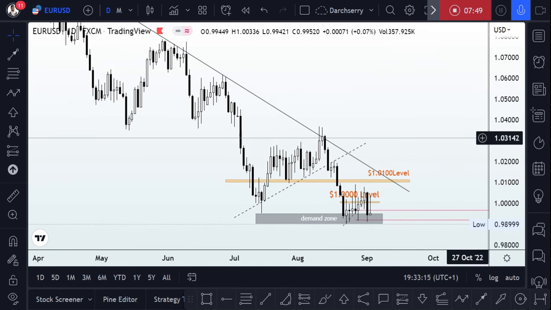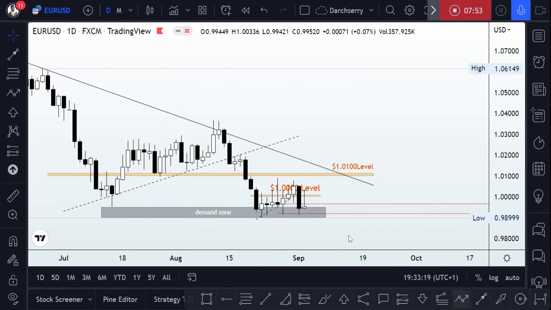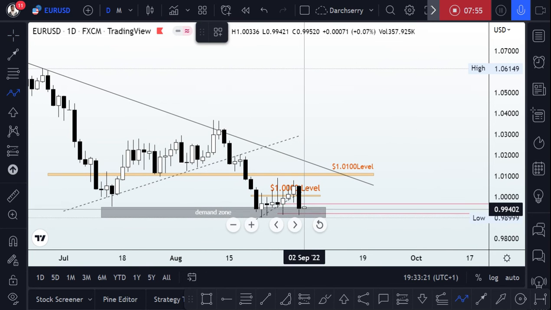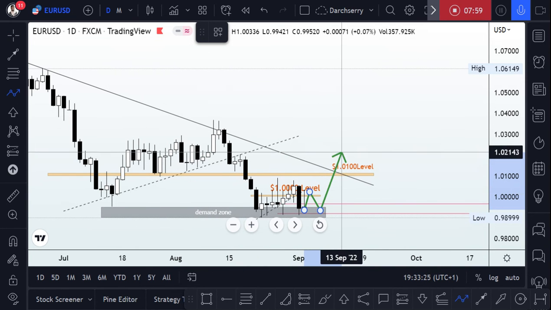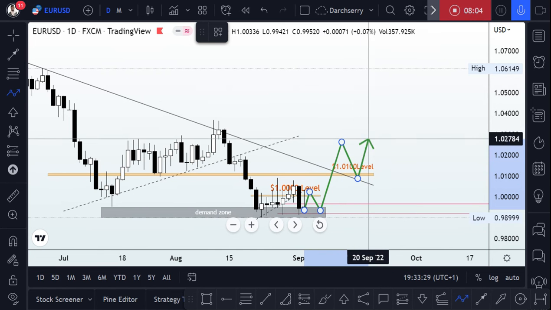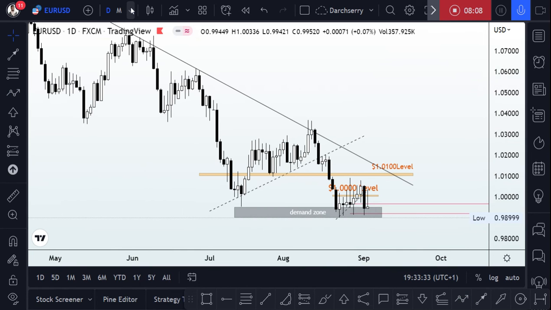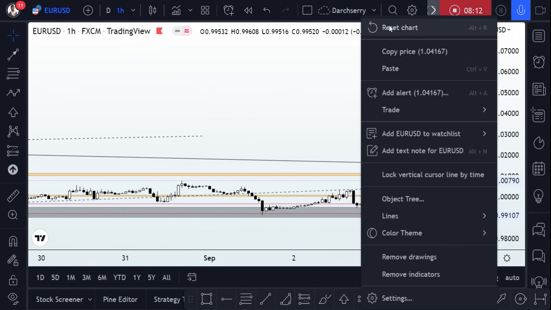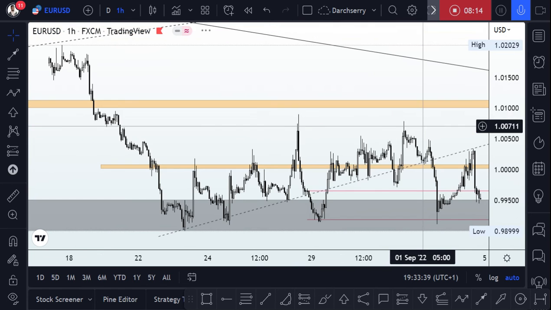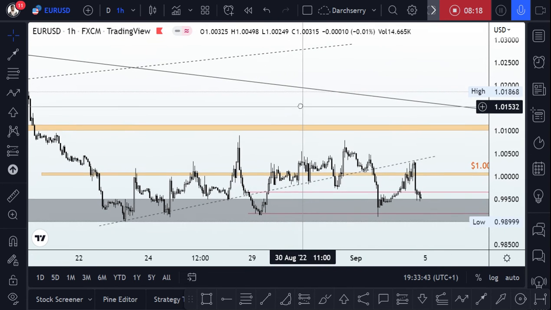And then the other scenario I will be looking forward to on the Euro USD is to see if we are going to be having structures on lower time frame that will support a trend continuation to the upside. So let's see what is happening, let's say on the 1 hour time frame here, and let's see if we can actually take advantage or project any possible bullish momentum from this demand zone.